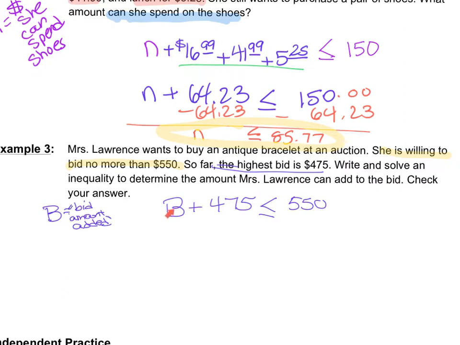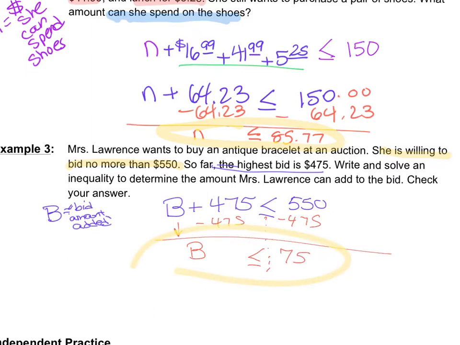The amount she adds plus the $475 that it's added already has to be less than or equal to $550. Again, treat this like if it was the equal sign. You're going to solve by subtracting, and you're going to get 550 minus 475 is 75, so the B has to be less than or equal to 75.